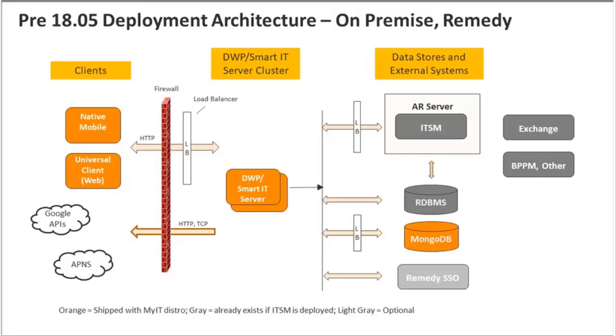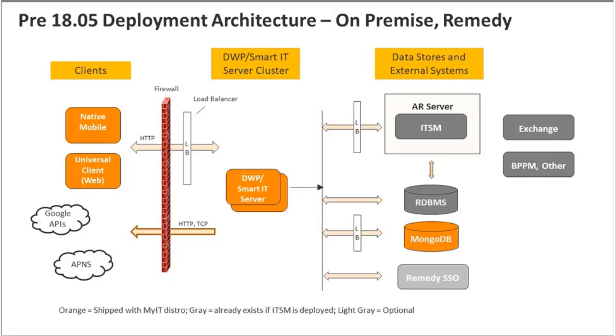So this is the basic architecture of pre-1805 digital workplace. We also have the integration with Google Cloud, GCM, and the Apple Push Notification Service to get notification on your mobile device if you're using the native application. So that's the high-level architecture for digital workplace pre-1805.